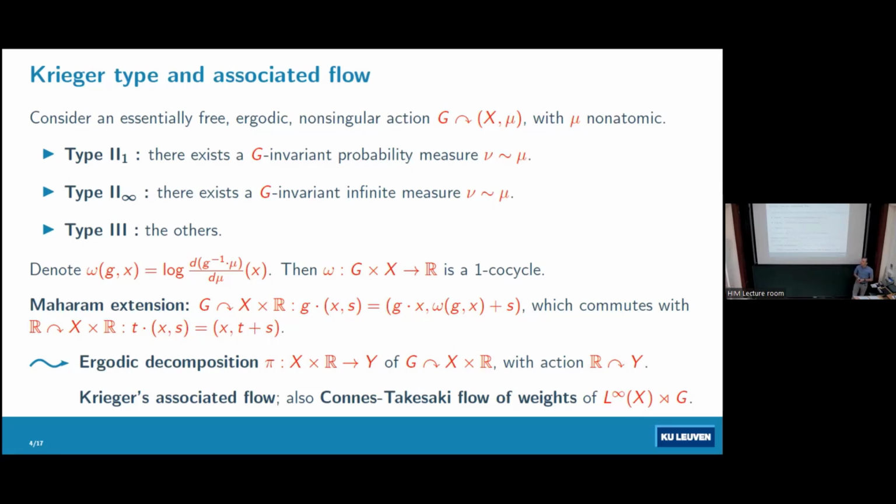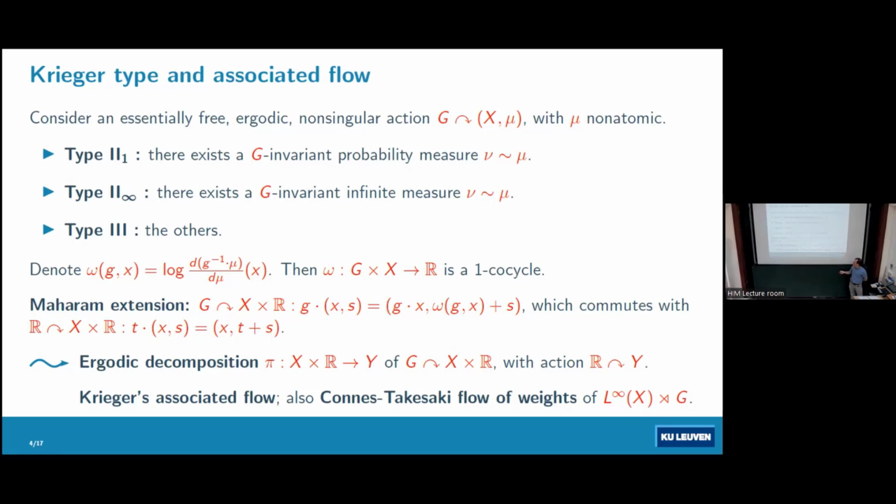And this action of the real line, if the original action was ergodic, will be an ergodic action of the real line, because indeed, if you're both R-invariant and G-invariant, then the function will not depend on the second variable, and then by ergodicity of G on X, also the function must be constant almost everywhere. So we have this associated flow.